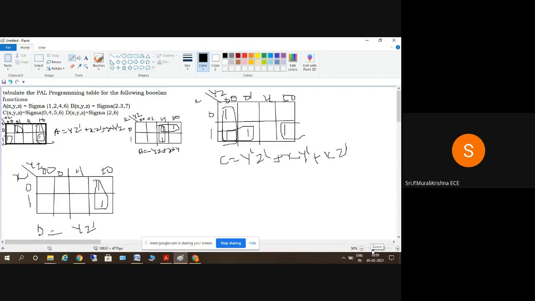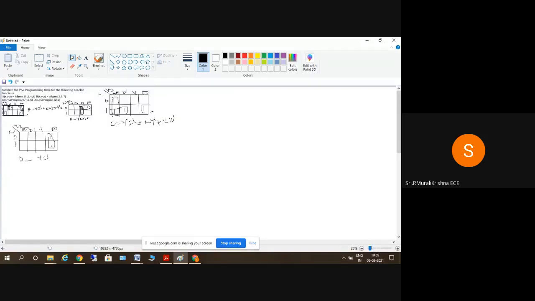So we have a programmable AND array and a fixed OR array here, in case of PALs. Coming to the diagram, we can draw it straight away, following the earlier method.